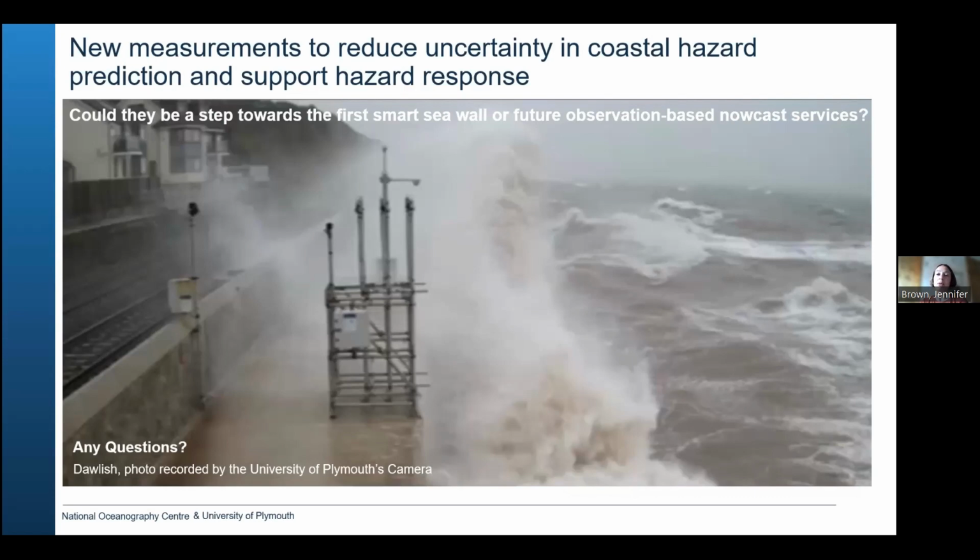And we start to talk about the Internet of Things a lot more. So we're hoping that these sensors in the future could be made much smaller. They could be run by other people, and they would be able to enable observation-based nowcast services, providing information in near real time to both the public and those who are responding to hazard or managing hazard.